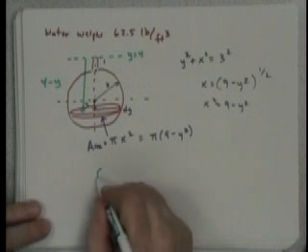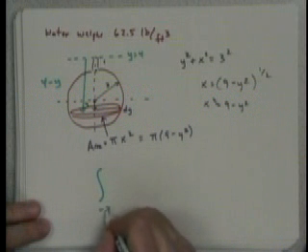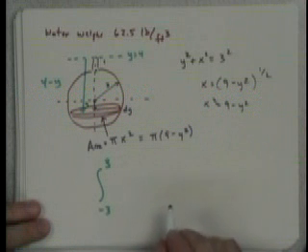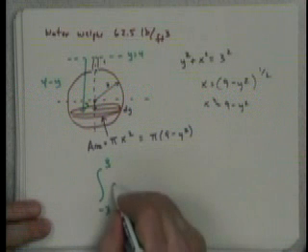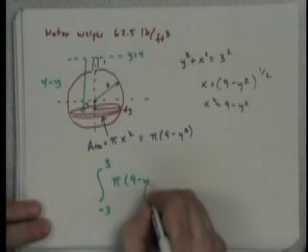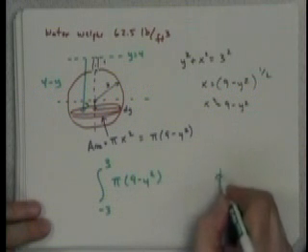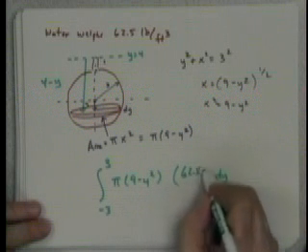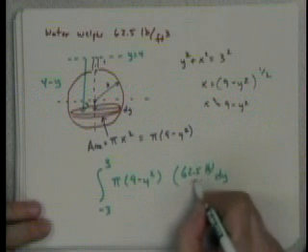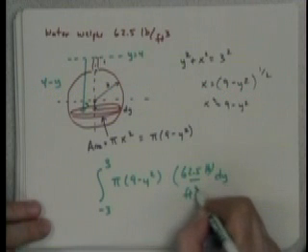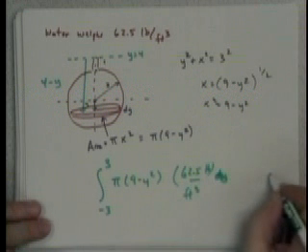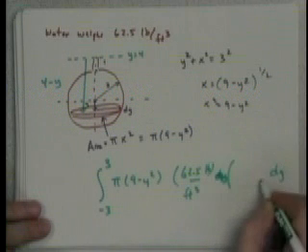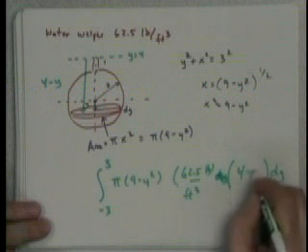So I'm going to do the integral from y equals -3 to 3 of the volume, which is pi times 9 minus y squared dy, times the density, which is 62.5 pounds per cubic foot. Then I have to multiply by how far they got moved.